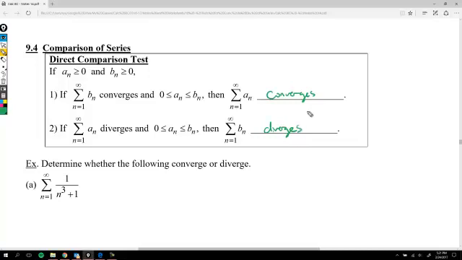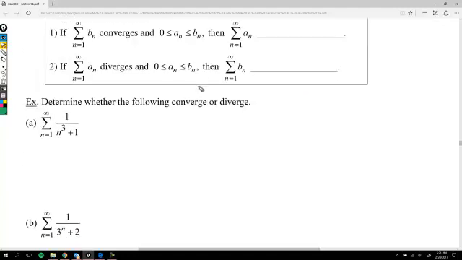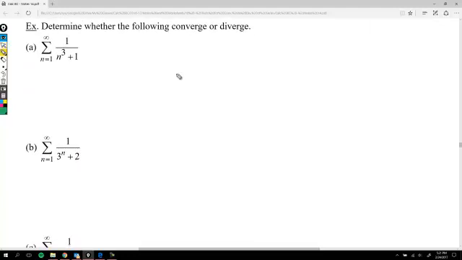So what I mean by this, like how we use this in practice, is say I'm given the summation of 1 over n cubed plus 1. Now what I'm going to do is compare this to a summation that I know the convergence of already.